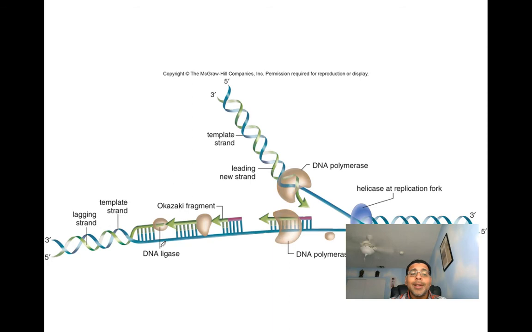Then this enzyme, DNA ligase, comes into the picture. DNA ligase is going to help connect the Okazaki fragments, and it seals any breaks. And you can see there, then we're going to have produced two double helix molecules, which are going to be identical to each other.